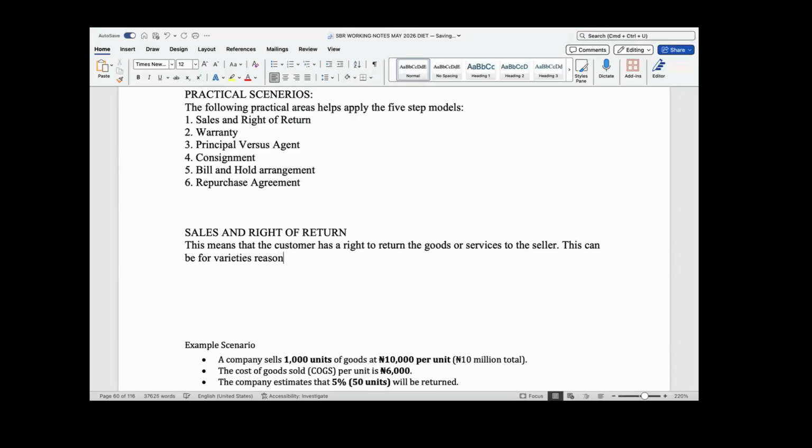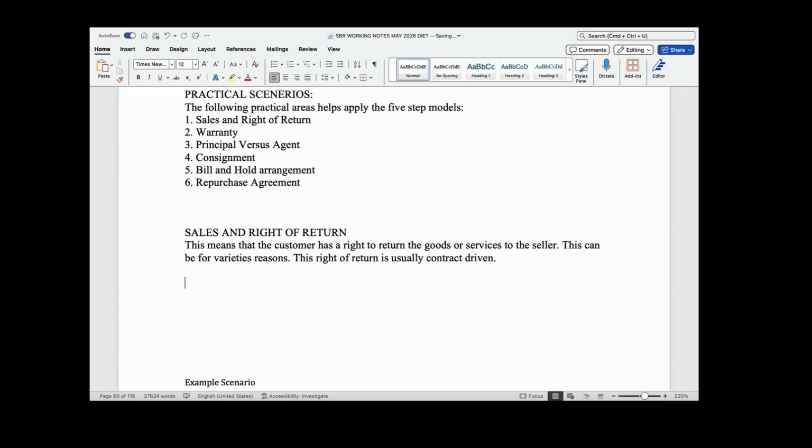Whatever the reason, whenever there is a contract and the contract states that the customer has a right to return, then the principle here is what we will apply. And this right of return is usually contract driven. So it will be a contract that will have stated that you guys would have agreed that the customer can return the goods.